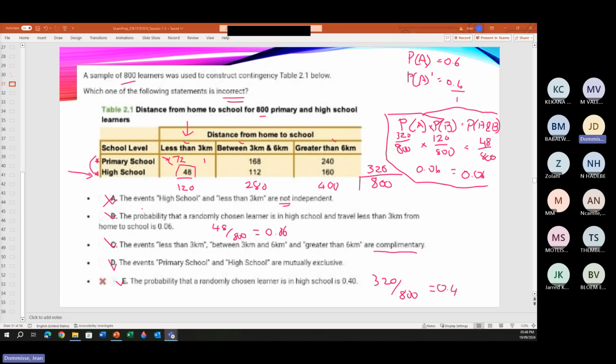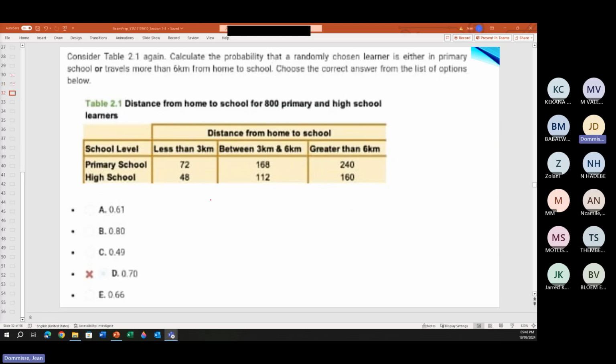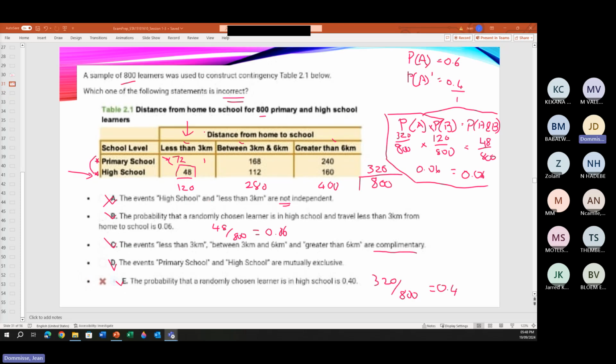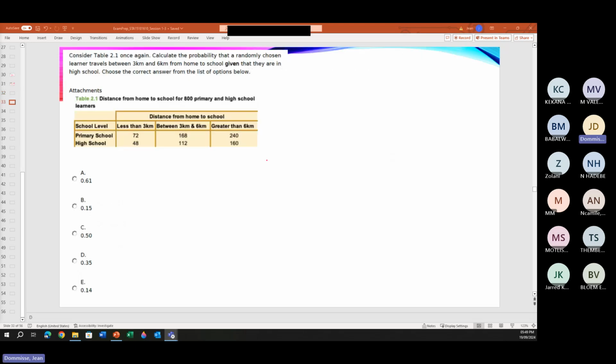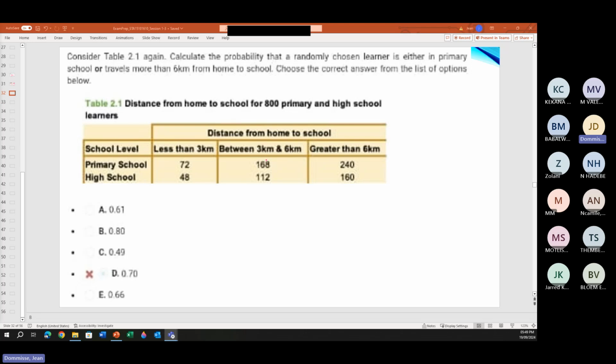Unfortunately, it's not like there was an easy one that is the incorrect one. Then one just needs to go through the process until you identify the wrong one. Okay, so we've got the same information again, just showing how they can ask it differently.